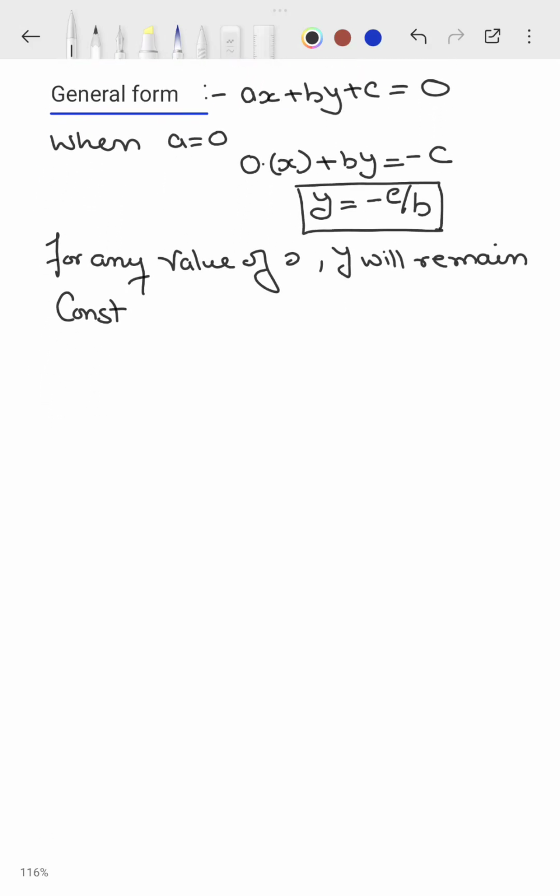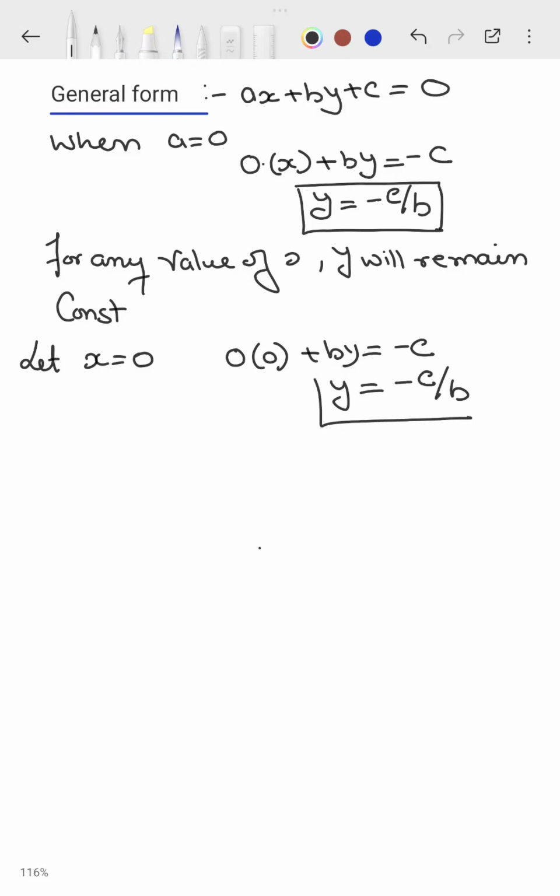This we can show. Let x is equal to 0. Then our equation transforms as 0 multiplied by 0 plus by is equal to minus c, or y is equal to minus c by b.